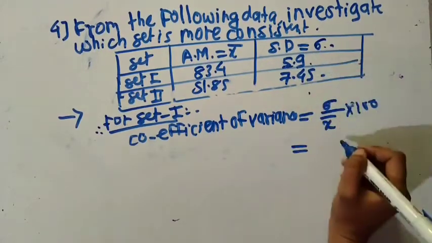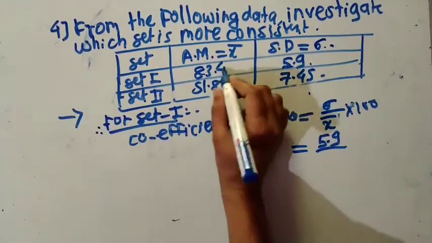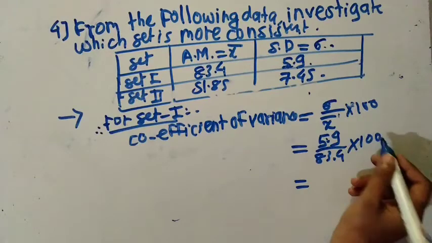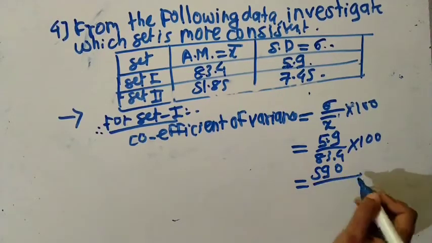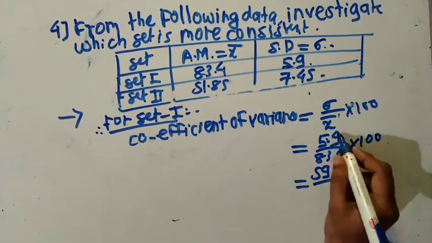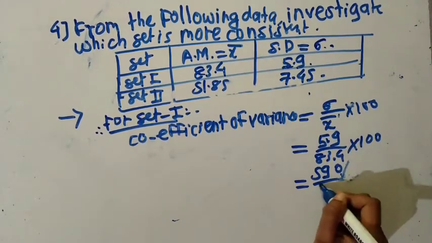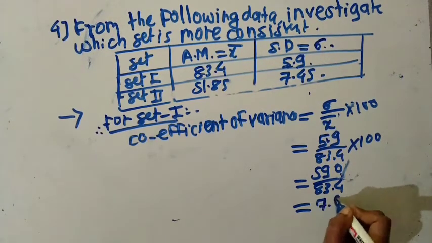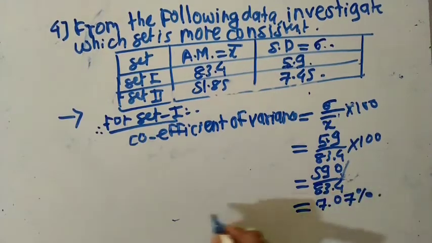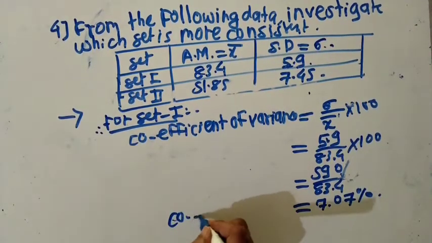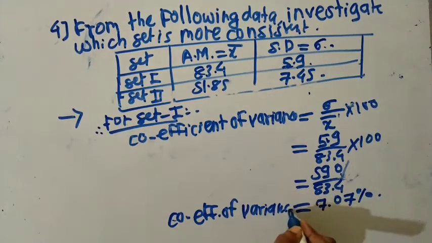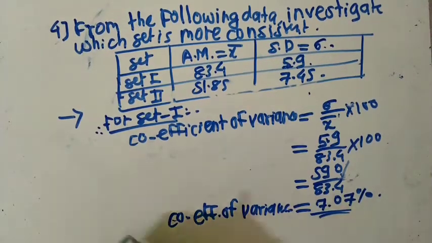Means sigma is 5.9 for set 1 upon x bar is 83.4 into 100, which is 590 upon 83.4, and is equal to 7.07%, the coefficient of variance for set 1.